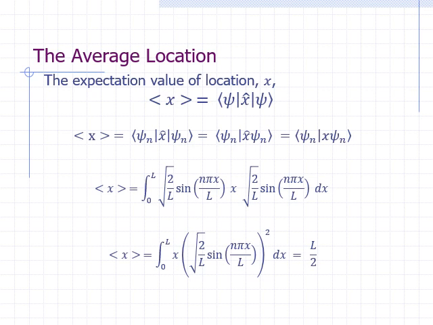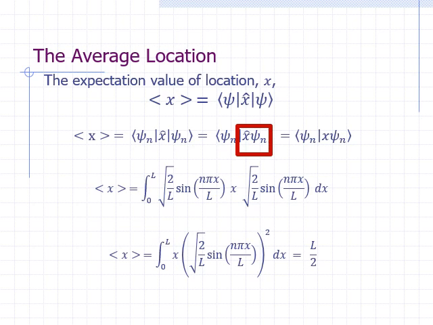The expectation value for x is the integral of psi star times x hat applied on psi over all space. For a PIB in quantum state n, here's what we get. We take psi sub n star times x hat psi sub n and integrate over all space. The x hat operator is just a multiplicative operator.